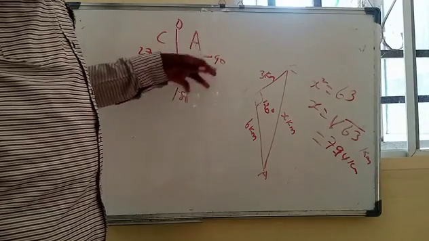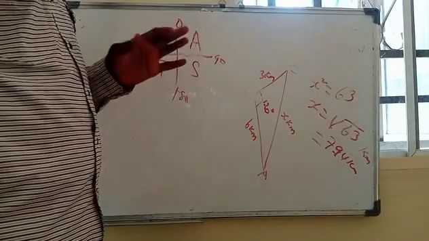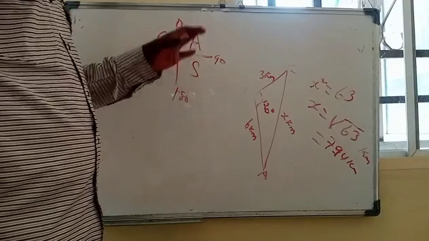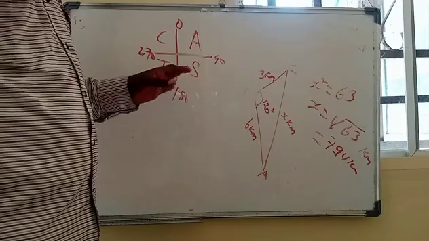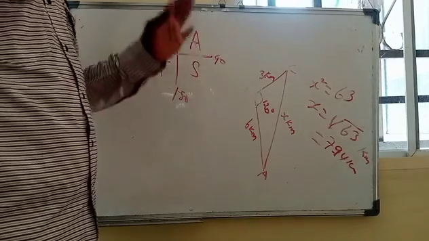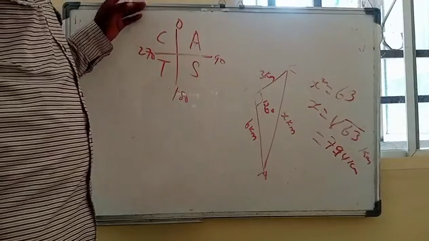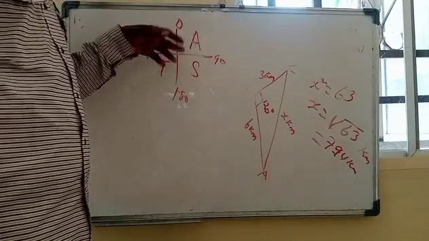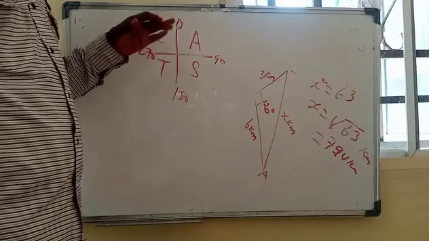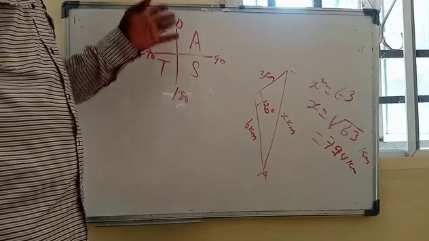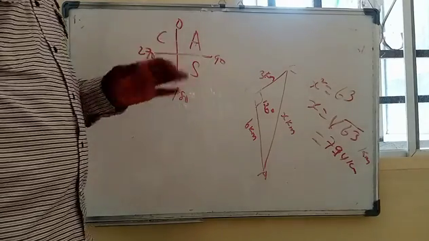Then between 90 and 180, only the sines are positive. Then between 180 and 270, only the tangents are positive, which means the sine and the cosine will be negative. Then in the fourth quadrant, it is angles between 270 and 360. Only the cosines are positive. The sine and the tangents are negative.